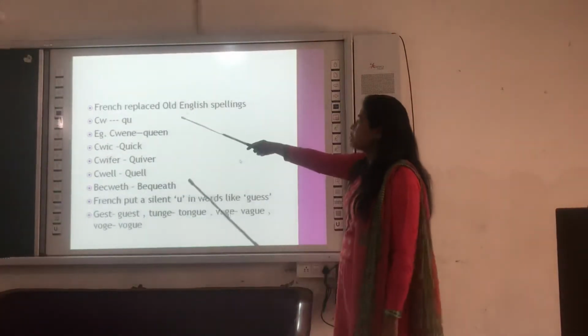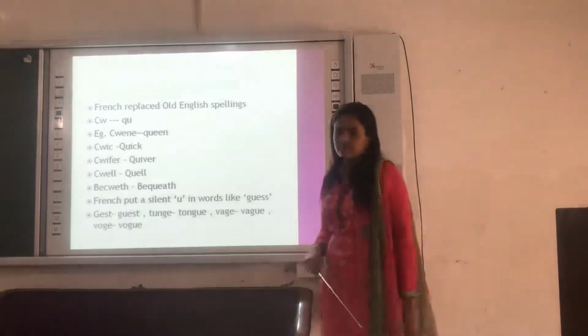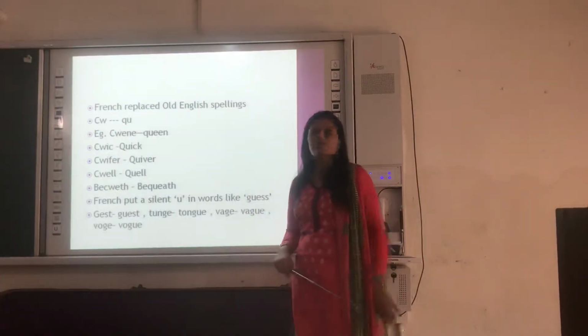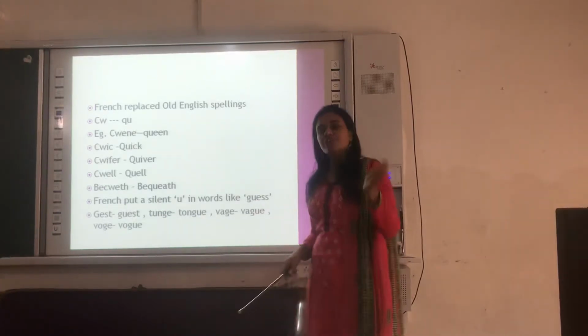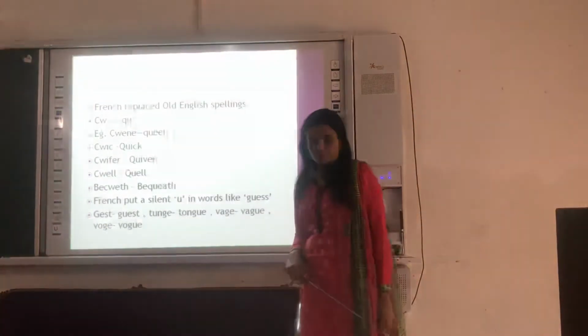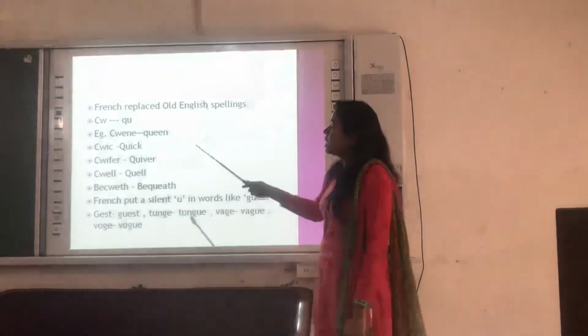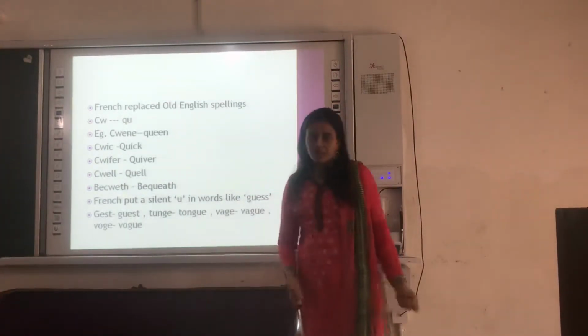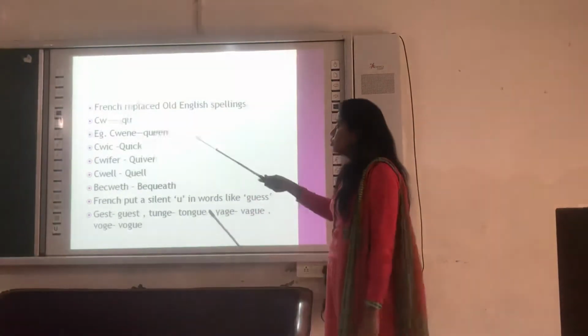Then French also replaced Old English spellings. So the spelling CW combination in Old English changed to QU. So the spelling of queen, which was in Old English CWENE, became QUEEN.